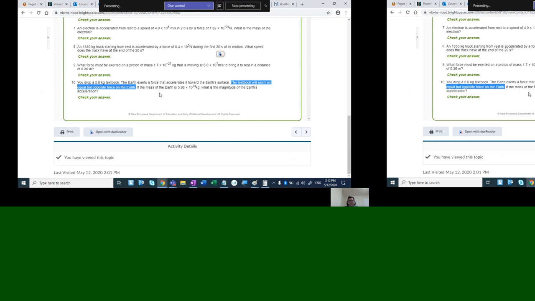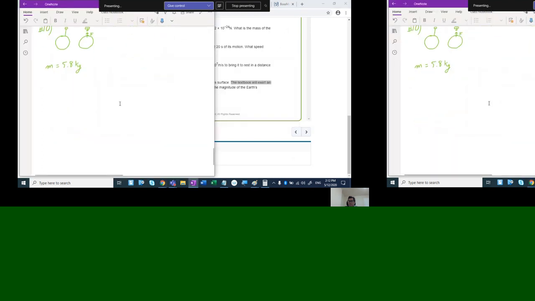And the mass of the Earth is famously 5.98 times 10 to the 24 kilogram.